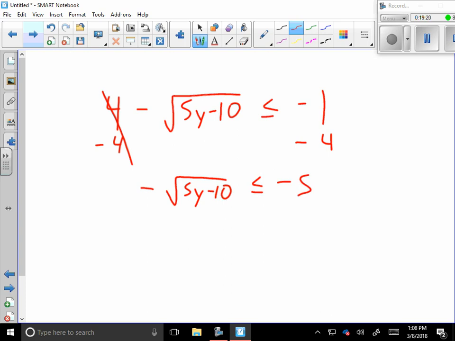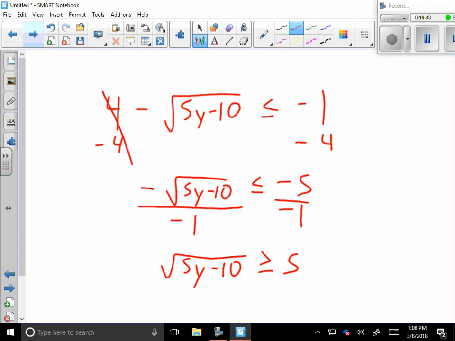Now what we should do next is get rid of that negative in front of the radical, so that we have just the radical on one side, no extra stuff. So if we divide through by -1 to get rid of that, great. But you got to remember to reverse your inequality, which a lot of you didn't do.